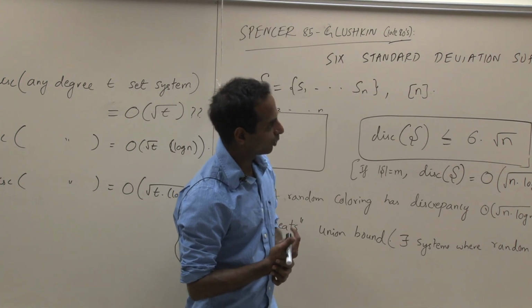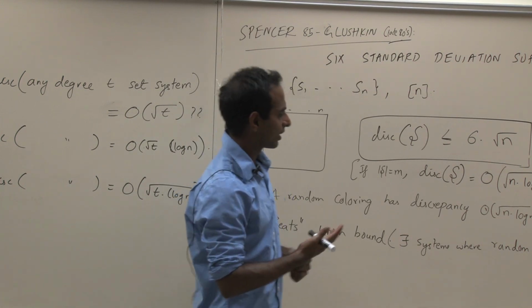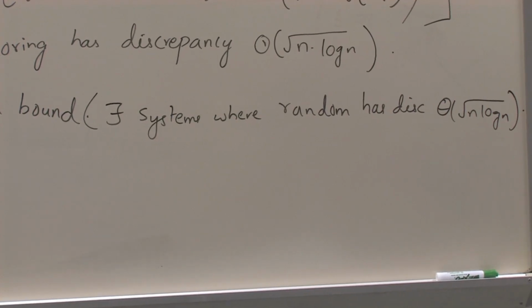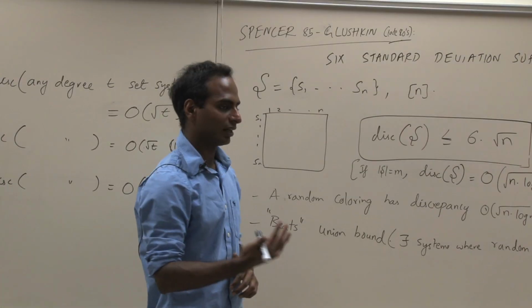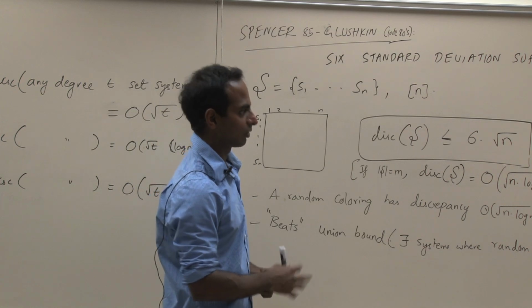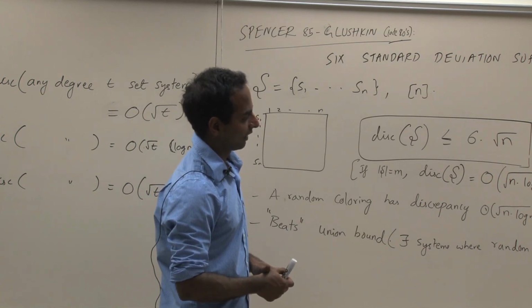And the proof technique, so Spencer's original argument was different. It built on what's called the partial coloring lemma, which I'll talk about in the second half.